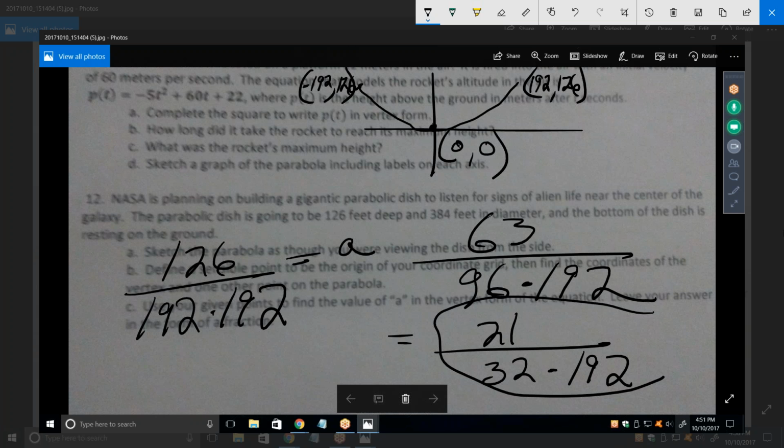Now I can divide this by 3, and that by 3. That adds up to 3, so I know it's divisible by 3. And that adds up to 12, which is a multiple of 3. So now I go down to 7 over 32 times 64.